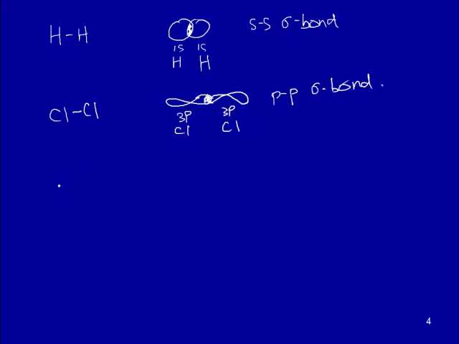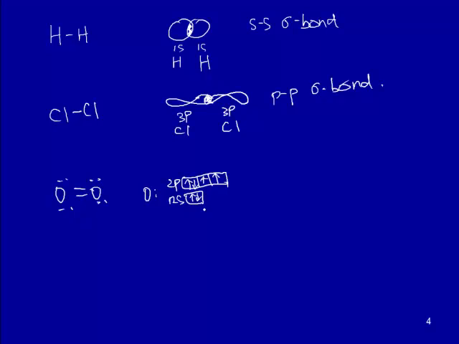Then we look at oxygen, and this is the correct Lewis structure for oxygen. For oxygen you will have the 2s with two electrons, and the 2p with four electrons: 1, 2, 3, 4.